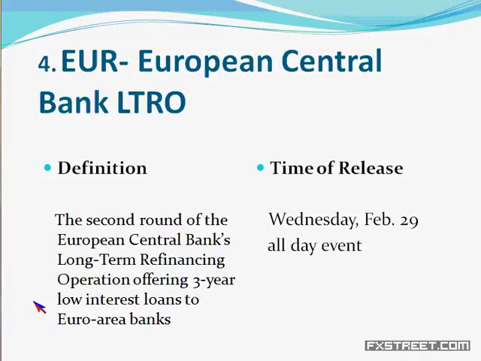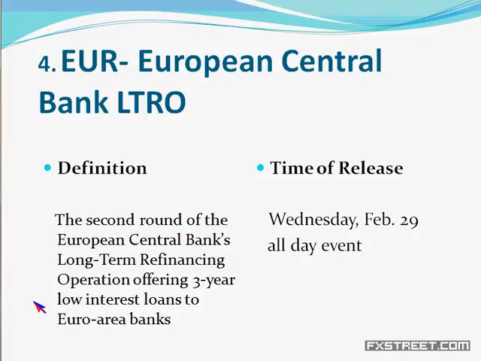Now, after the 3 spotlight events from the U.S., we're going to see the European Central Bank's long-term refinancing operation. Now, this is new to some of you. Let me quickly explain what that basically means. The long-term refinancing operations by the European Central Bank are, in essence, 3-year loans with a very low interest rate, only 1%, which is the benchmark rate in the Eurozone.